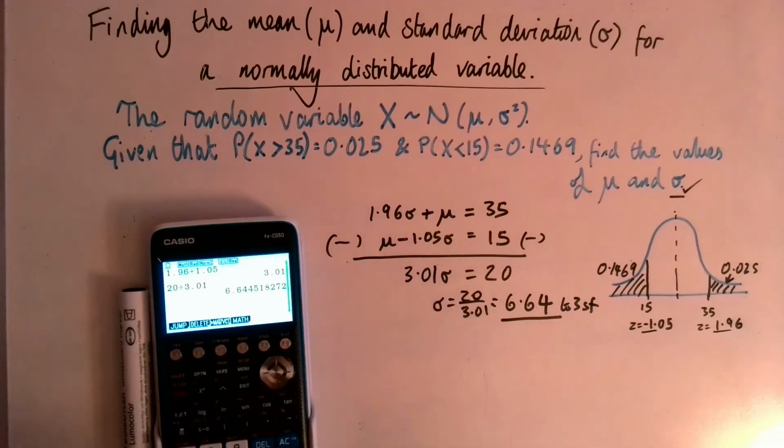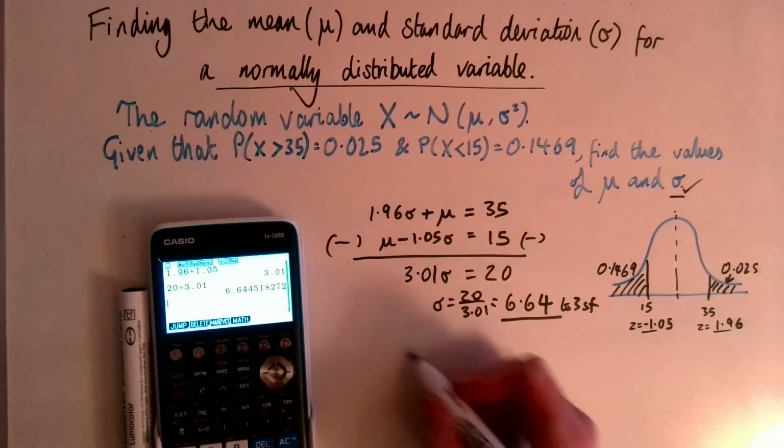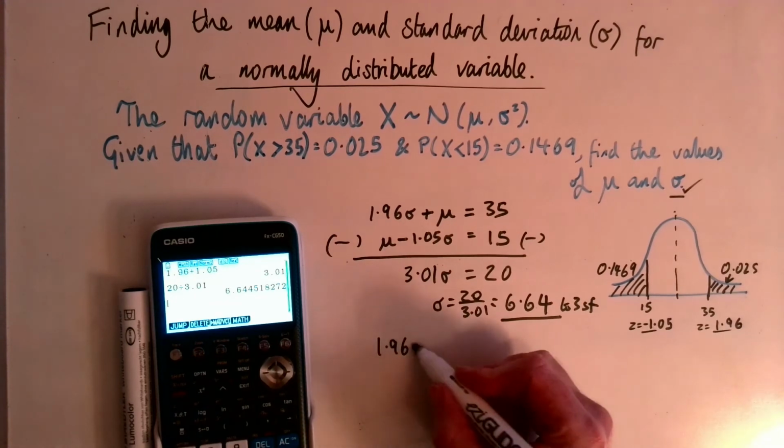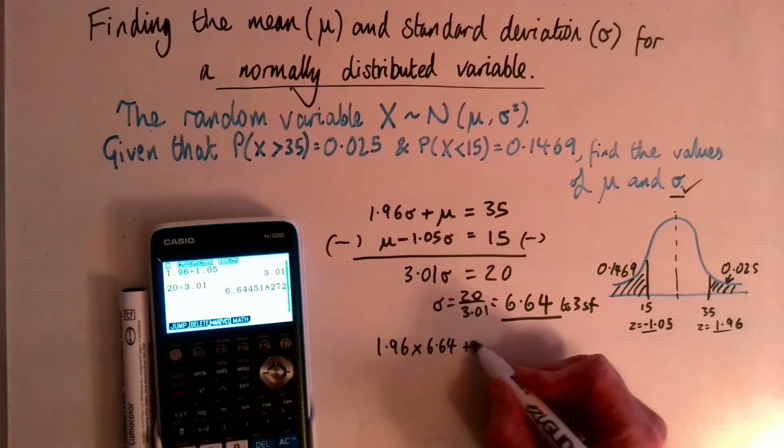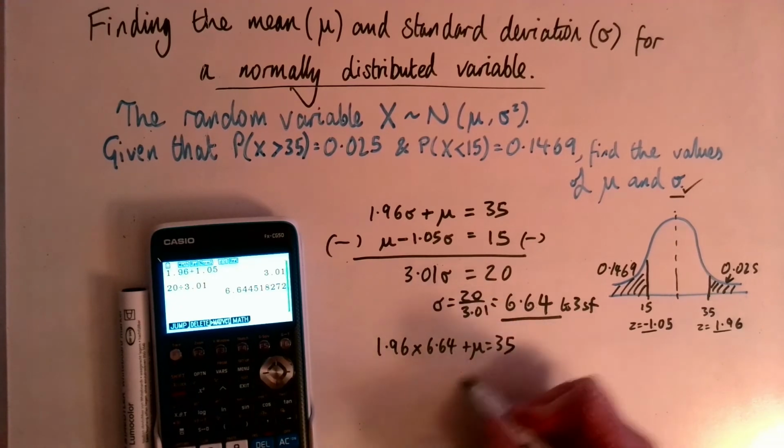And then all we have to do is pop this back into either one of these to get where we want to be. So 1.96 times 6.64 is 35.